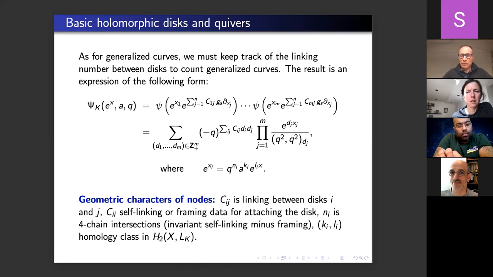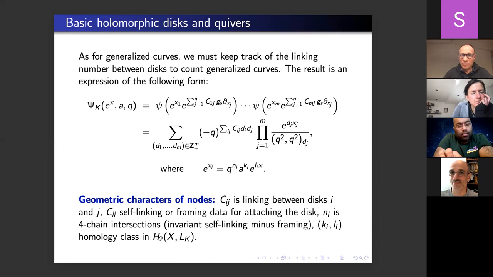And if you look at this e to x_i, there is an e to l_i x, that's how many times it wraps around the S1 in S1 times R2. There is an a, which is how many times it wraps around the CP1, and then there is the most interesting q to something, and that is basically the 4-chain intersection of the disks, the intersection of the disk with the 4-chain of the LK.